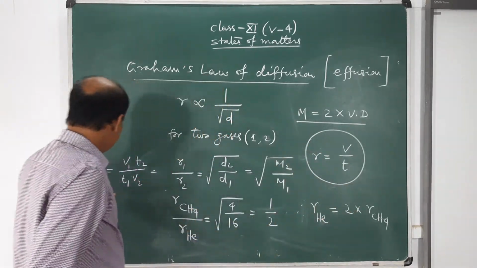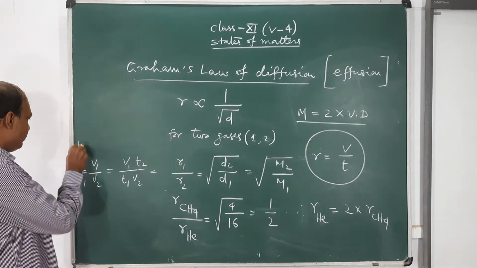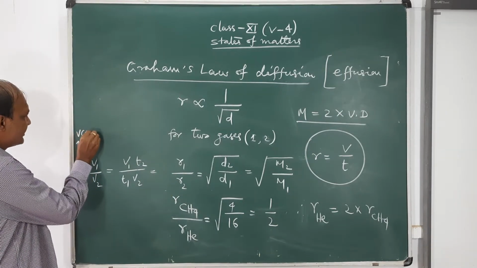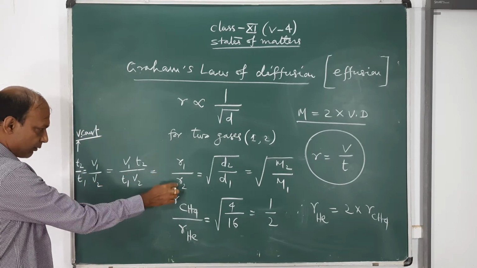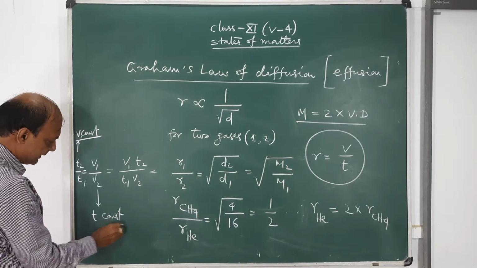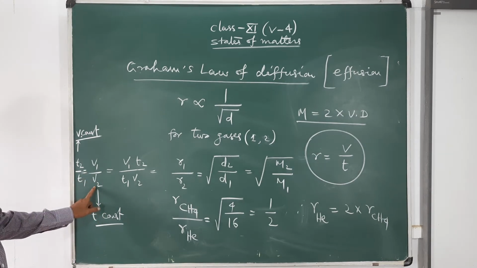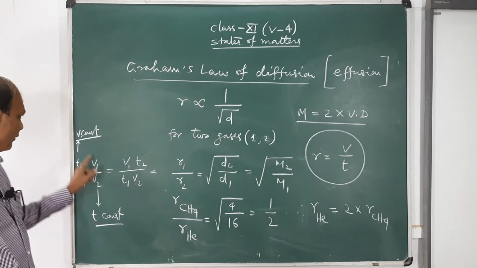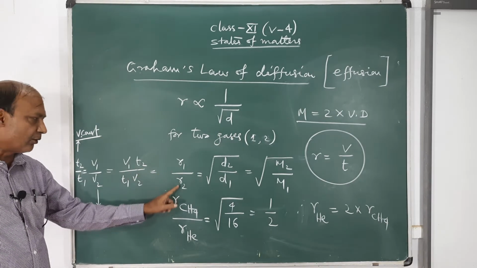You can apply this relation: R1 by R2 equals T2 by T1, volume constant; V1 by V2 equals R1 by R2, time constant. Remember it: when time is made constant, V1 by V2 equals R1 by R2. When volume is made constant, T2 by T1 equals R1 by R2.